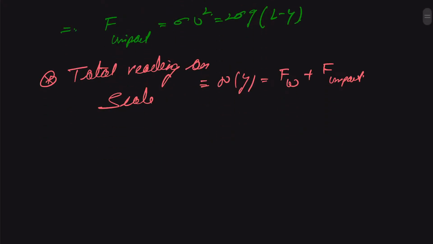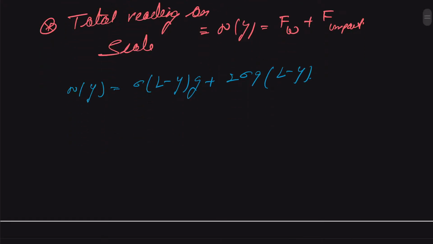And now we simply substitute the values, so we get our reading will be equal to sigma (L minus y) times g plus twice sigma g (L minus y). Okay. And this gives us our 3 sigma g (L minus y). So this is our reading on the scale.